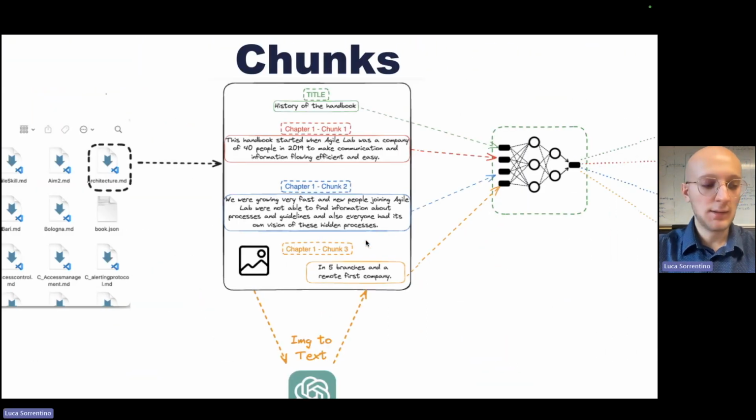In the second phase, we need to use a parser to retrieve all the chapters and split all the text. And every time we encounter an image, we have to turn the image into text with a large language model, and then parse and split this produced text.